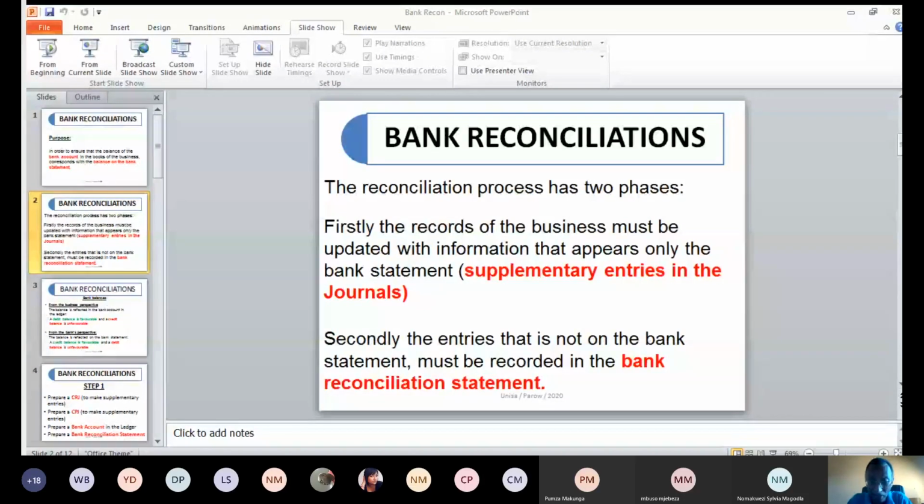However, from a bank's perspective, the bank tells you what the balance on your bank statement is. If you have got a credit balance on the bank statement, it is classified as a favorable balance. Because if you have got a credit balance on your bank statement, it means that you've got money in the bank.